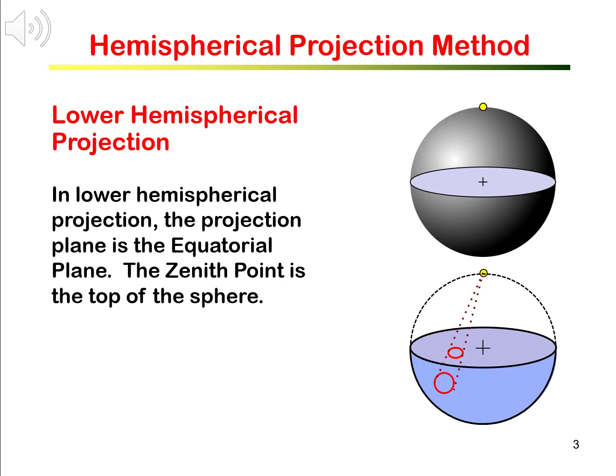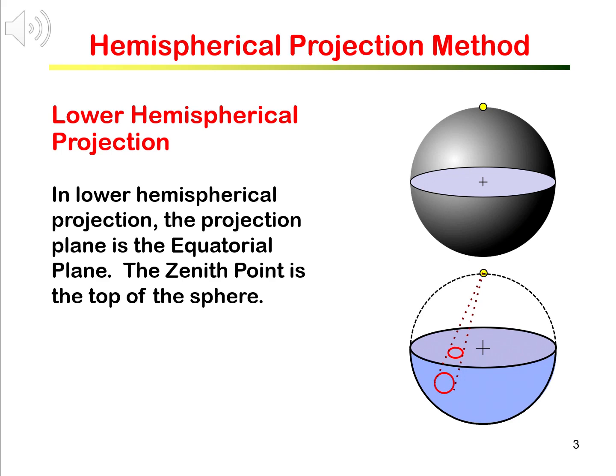In lower hemispherical projection, we use the lower half of the sphere. The projection plane is the plane on which the projection will be made. In our lower hemispherical projection, the projection plane is the equatorial plane.